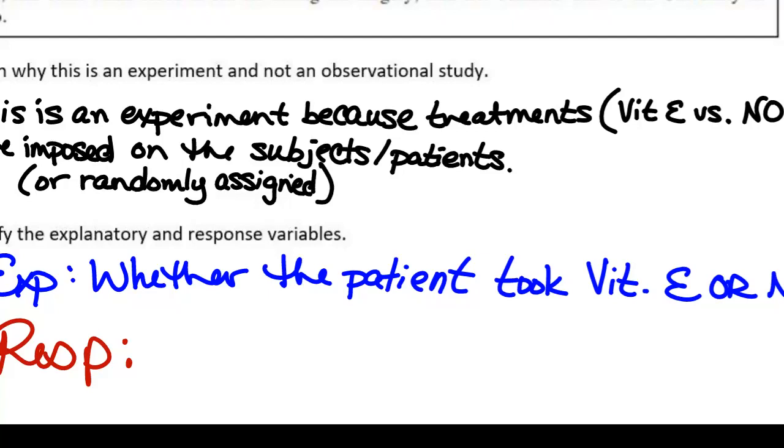Destruction of free radicals. Do we have tests for some of these things? Yeah, we can test someone's level of heart function. I would say the level, because that's measurable, just heart function.